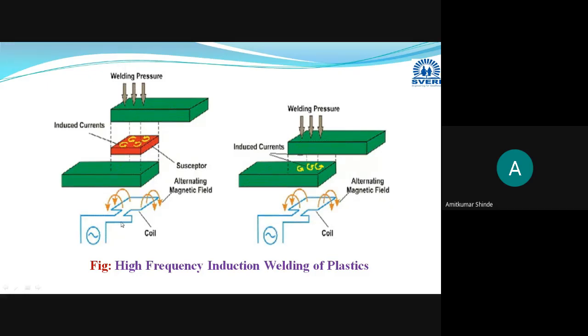Before applying the pressure, we have to melt the plastic material, and to melt it we require heat. In high frequency induction welding, we get that heat with the help of this inductor coil. High frequency alternating current is passed through the inductor coil, and it creates an alternating magnetic field.